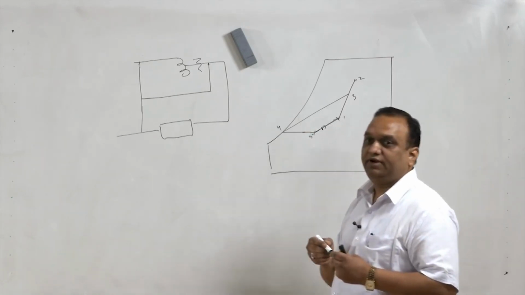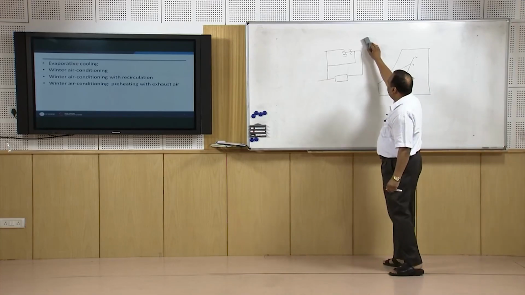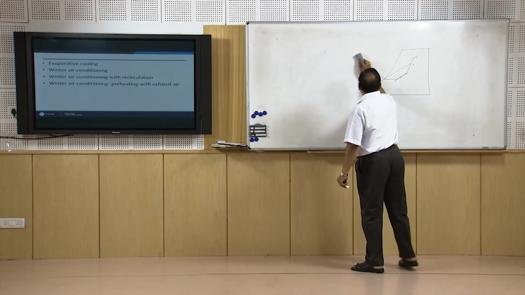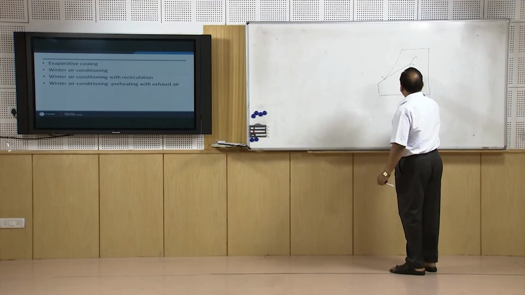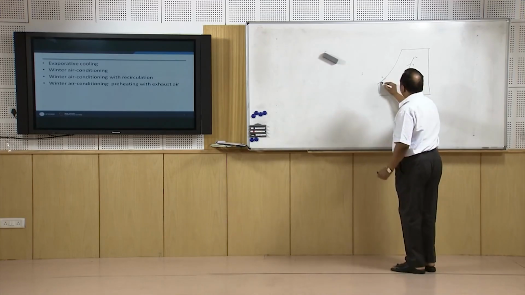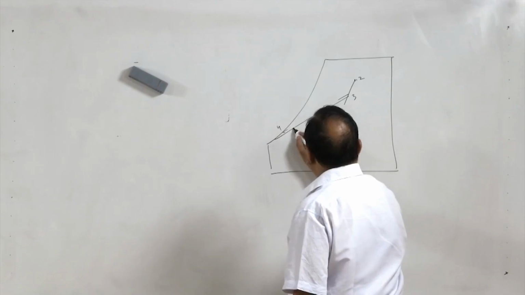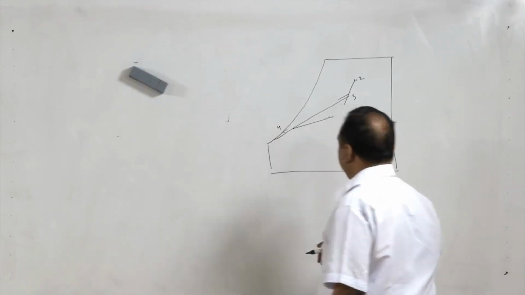In some systems, a heating coil is not there. For example, in small capacity systems like split air conditioners, a heating system is not there, and they have a certain bypass factor, and air is directly supplied to the room after the cooling coil.